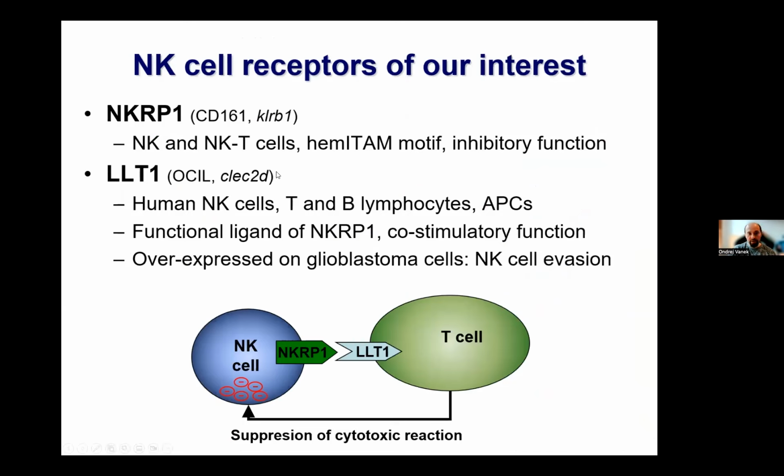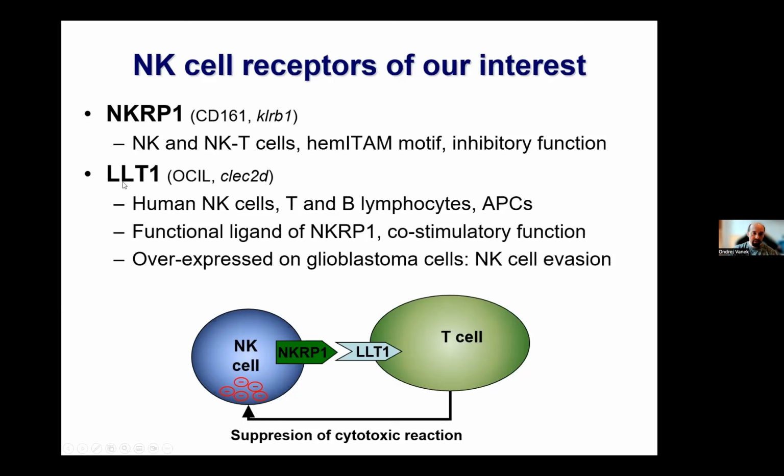So coming back to our two proteins of interest for today, NKRP1 is a human NK cell receptor. It has inhibitory function, and the NKRP1 family was the first natural killer cell receptor protein discovered. It was and is used to describe NK cells as a marker, and until recently the structure was not known.